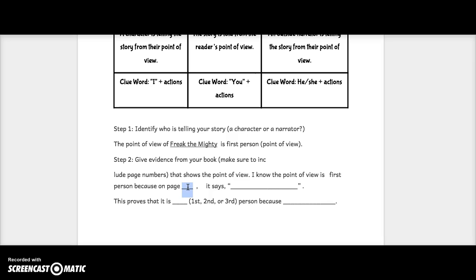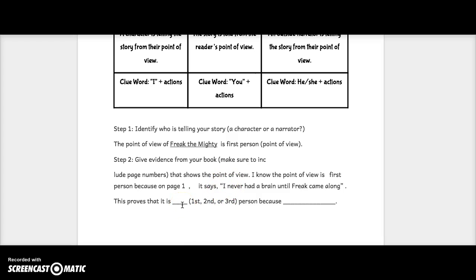So if you're not really sure what type of narrator you have, I would highly suggest just going to page 1 and looking there. And when I look on page number 1, I notice that it says right away, I never had a brain until Freak came along. And right away in that first sentence of my book, I know that I have a first person narrator because I see this word I.